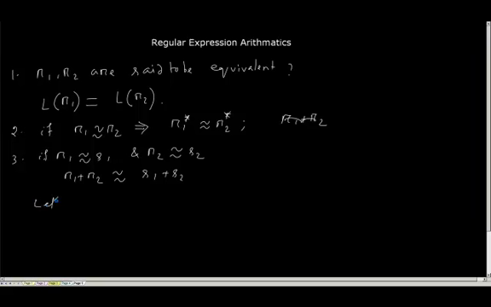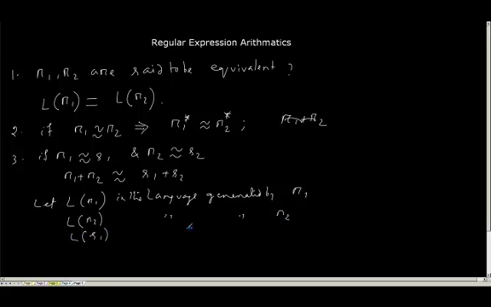Let L(R1) be the language generated by R1, L(R2) the language generated by R2, L(S1) the language generated by S1, and L(S2) the language generated by S2.